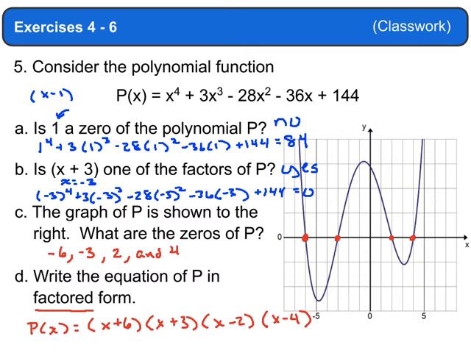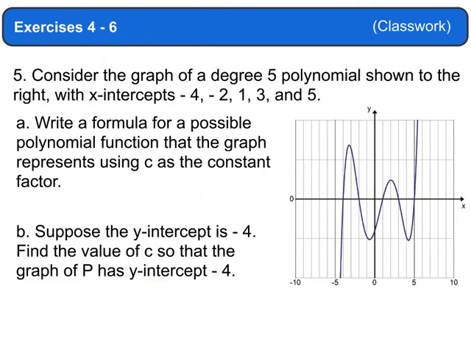Okay, final exercise. It says consider the graph of a 5-degree polynomial shown to the right with the x-intercepts of -4, which is here, -2, which is here, 1, which is here, 3, which is here, and 5, which is here. Notice the degree matches the number of zeros that we see in the graph. They say write a formula for a possible polynomial function that the graph represents using c as the constant factor.